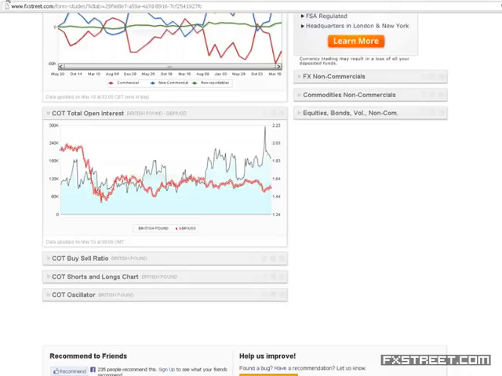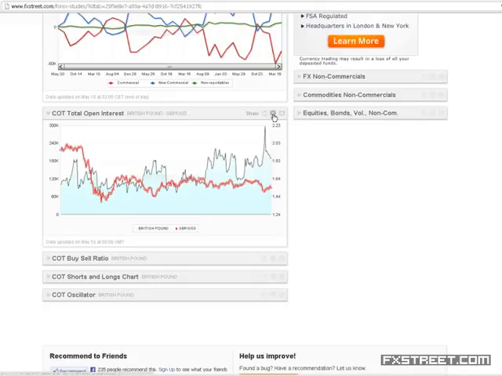Okay. So an increase in open interest, like we have a spike here, in hindsight we see that it was associated with a bottom here in cable. We see here a spike in open interest in sterling, in sterling contracts.